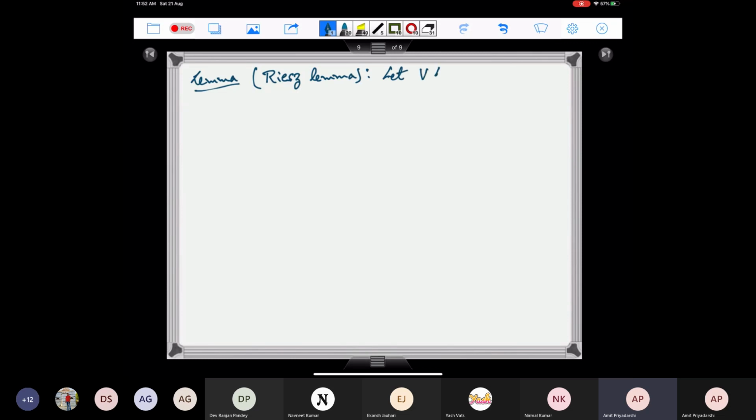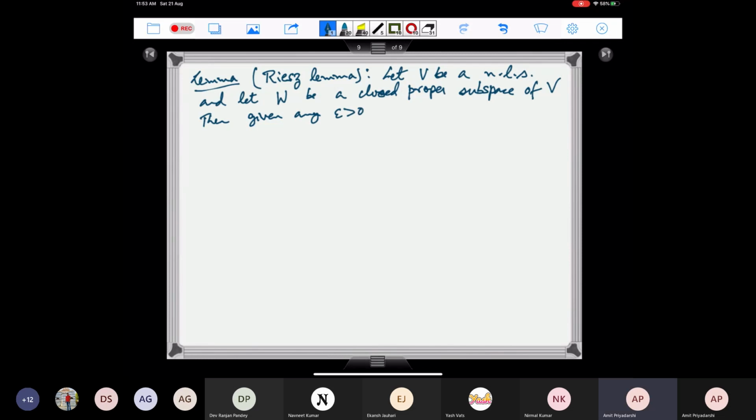So let V be a normed linear space and let W be a closed proper subspace of V. So V is any normed linear space and W we are taking as a closed and proper subspace of V. Then, given any epsilon positive, we can find a vector.